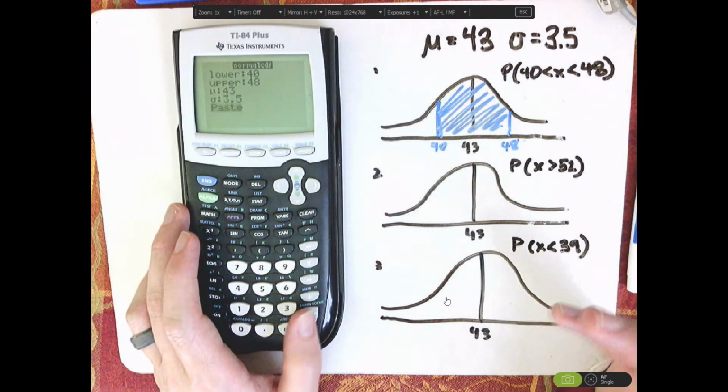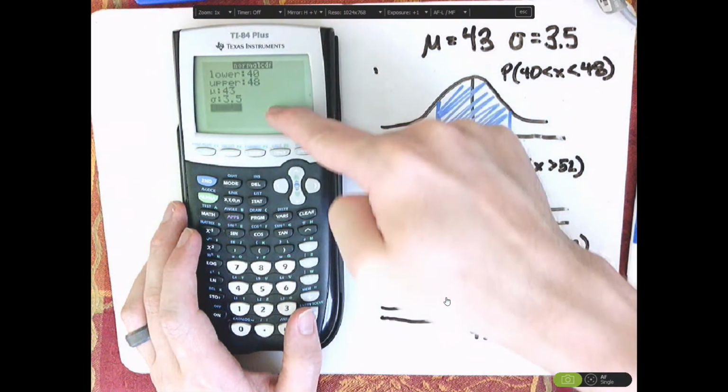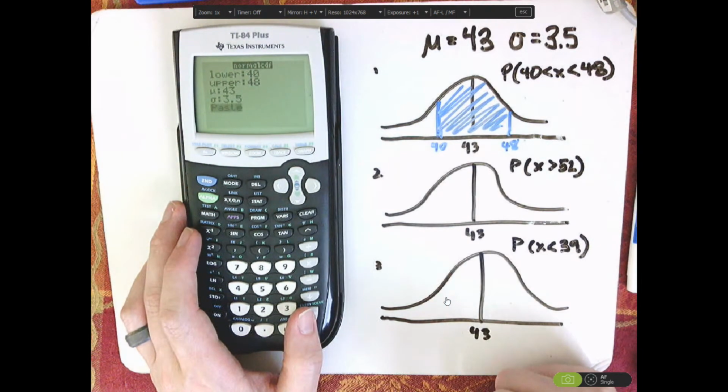Now this is a TI-84 Plus. With the TI-84 Plus, it has this feature where it tells you what to plug in, as opposed to an earlier edition like a TI-83, which wouldn't have this. You would just have to list it in that same order: lower, upper, mean, standard deviation.